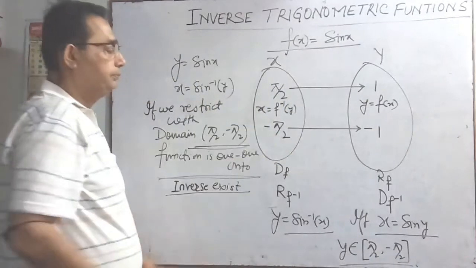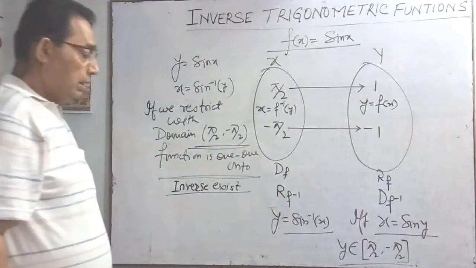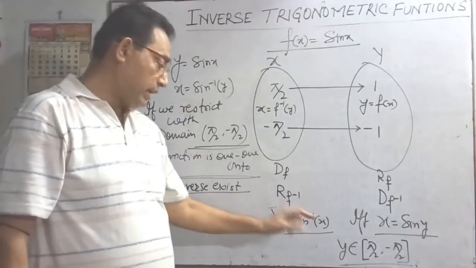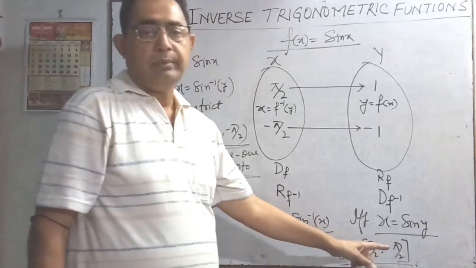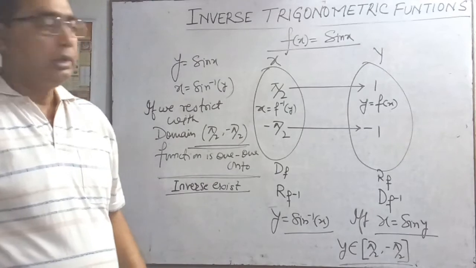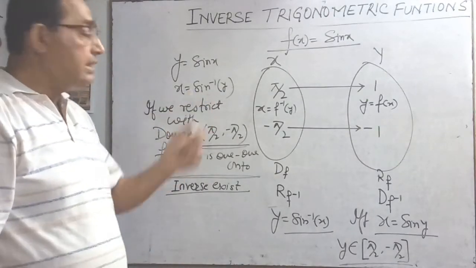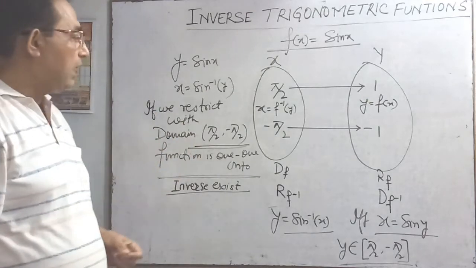You see? You see this one? Clear? If x equal to sin y, y equal to sin inverse x, y belongs to minus pi by 2 to pi by 2. It is the principal value. Clear? I am trying to do it the easy way. This thing is clear? Now you see graphically.